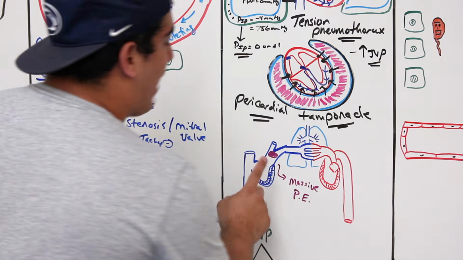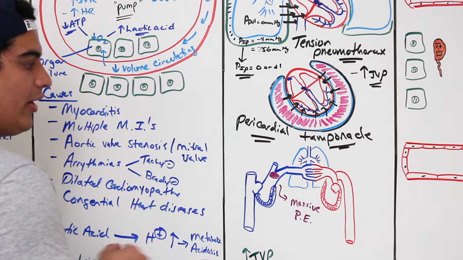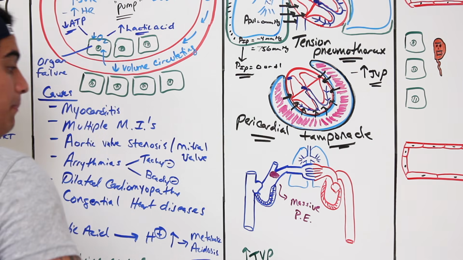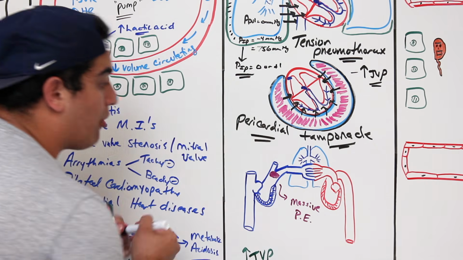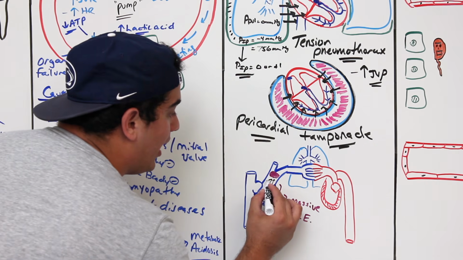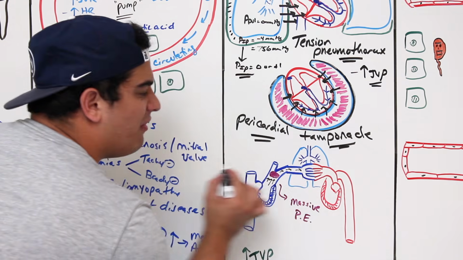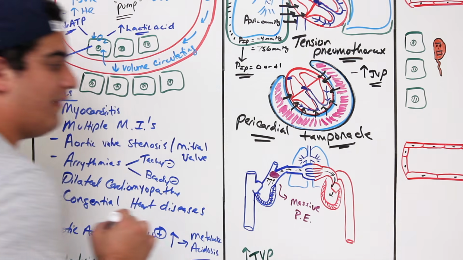So if they have a massive PE, there's a big old embolus blocking the actual pulmonary artery blood flow. So this person is going to try to be able to pump blood from the right side of the heart up into the lungs. But what's the problem? They got this big old embolus blocking the way. So the amount of blood flow getting passed through this area is very, very low, which means that very little fluid is coming back to the actual left ventricle.